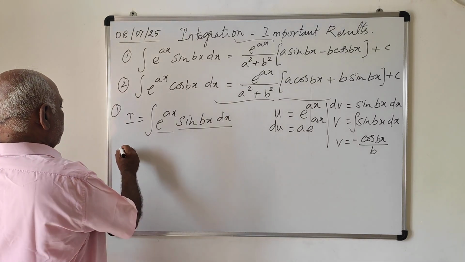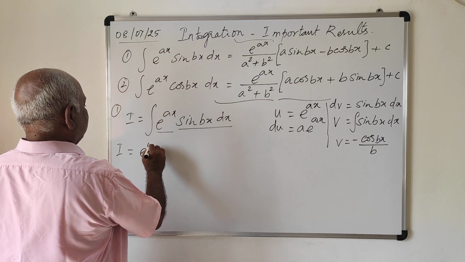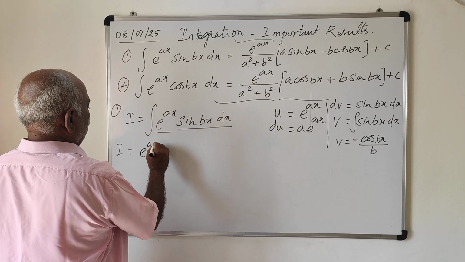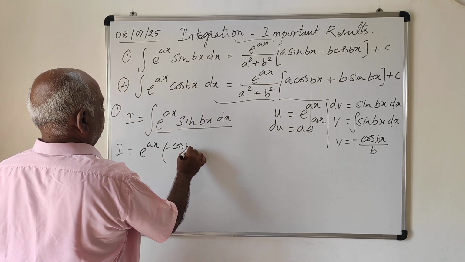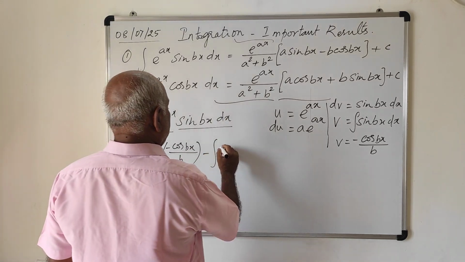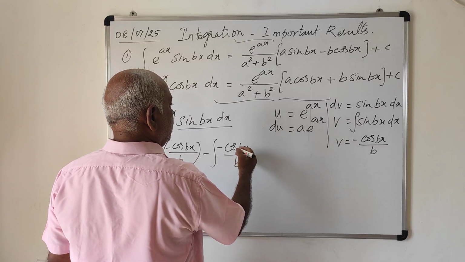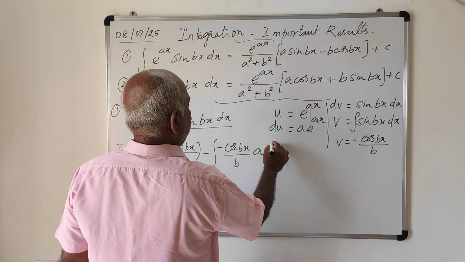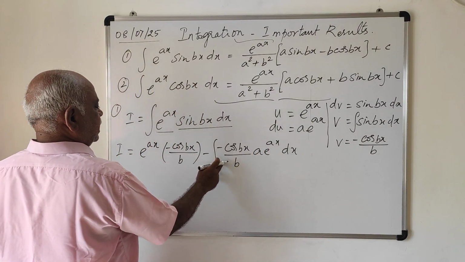Now the formula: I equals uv minus integral v du, where v is minus cos bx by b and du is a into e power ax dx.